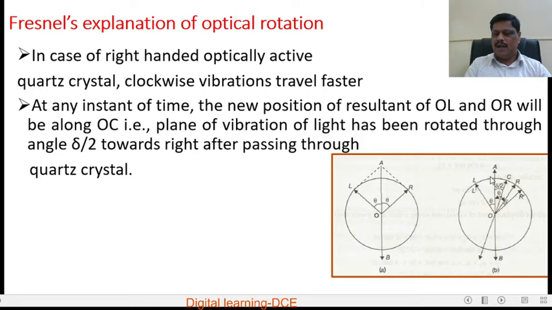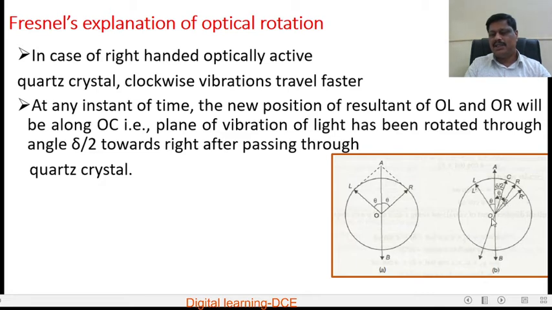During the time the left-handed vibration completes one rotation, the right-handed vibration completes one rotation and also advances by an angle theta, because it travels faster than the left-handed one.